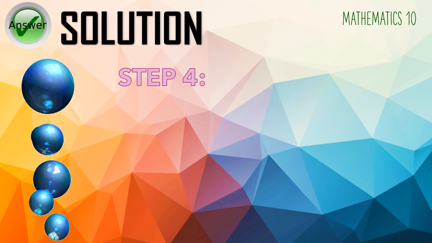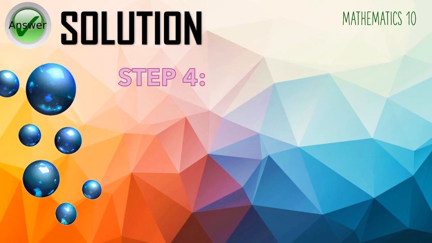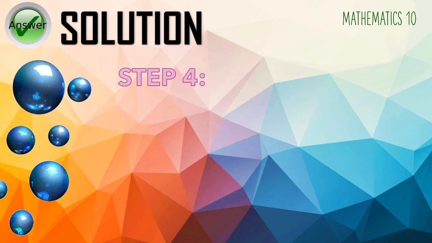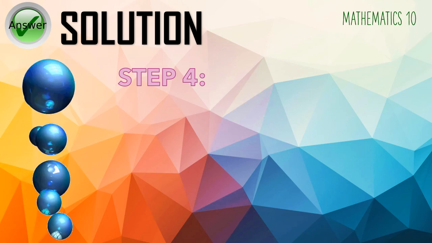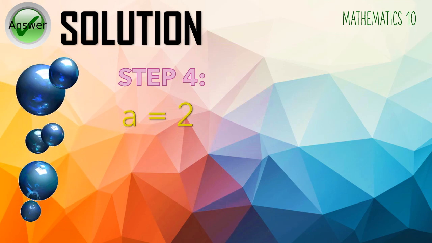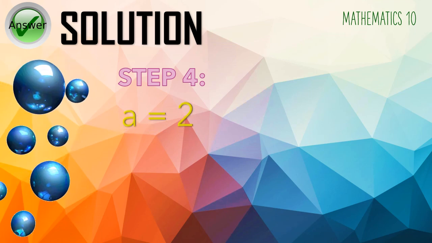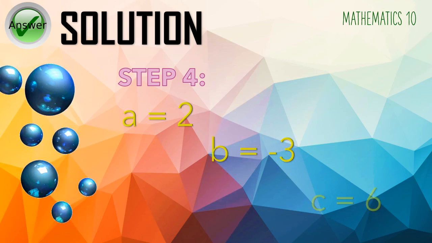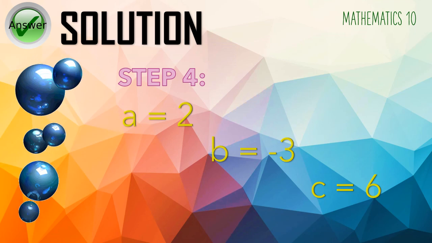Okay, so for step 4, I'll just give you the value already of each variable. For variable a, we got a equals 2, for b, we have negative 3, and for c, we have 6.